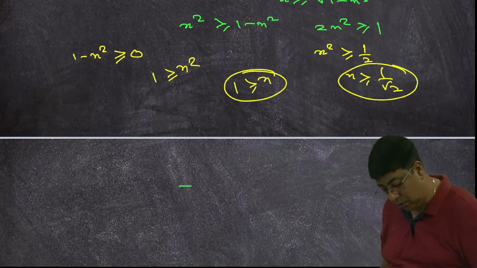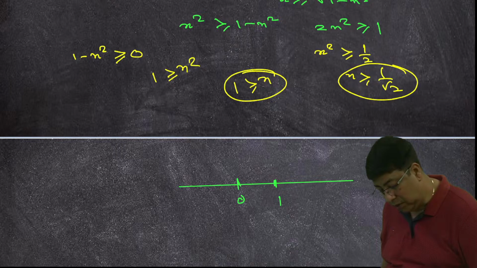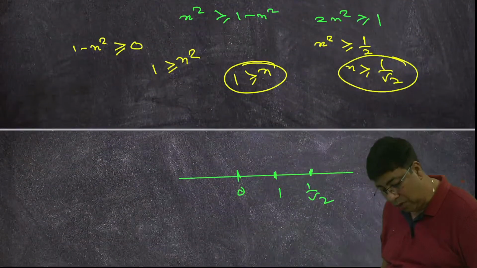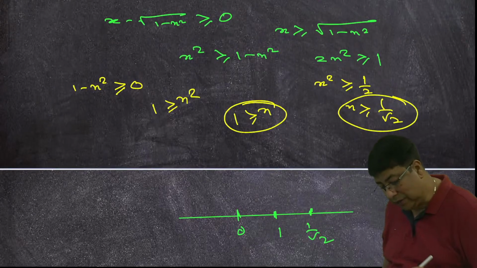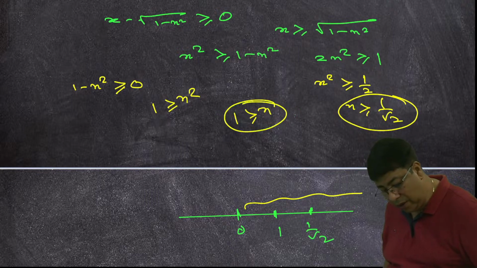Okay, so what is coming? This is 0, this is 1, this is 1 by root 2. 0, 1, 1 by root 2. अच्छा, first of all, x greater than 0. This side, x less than or equal to 1.